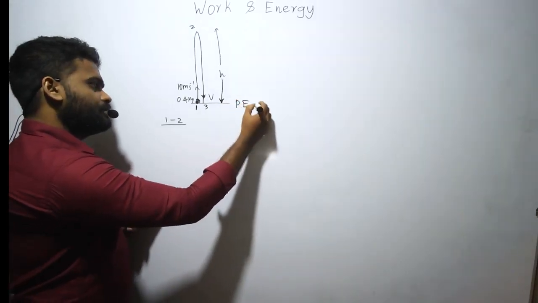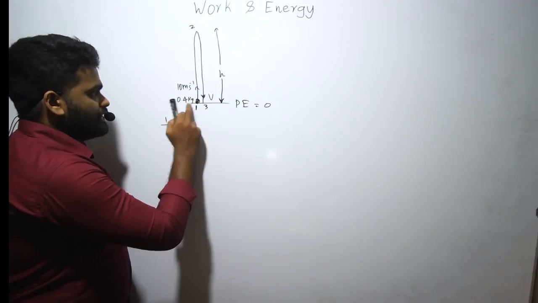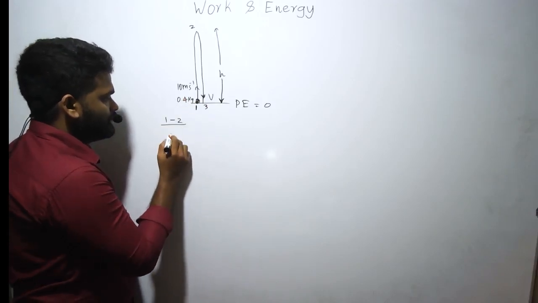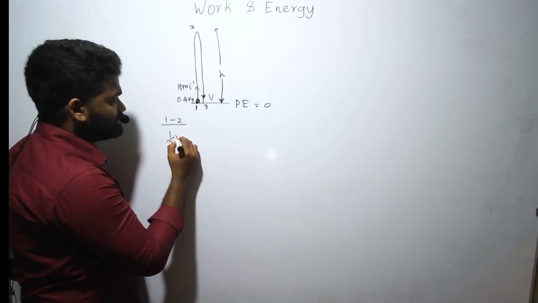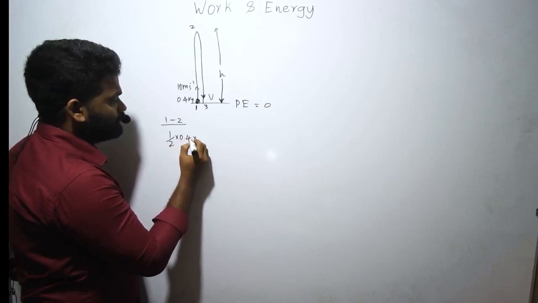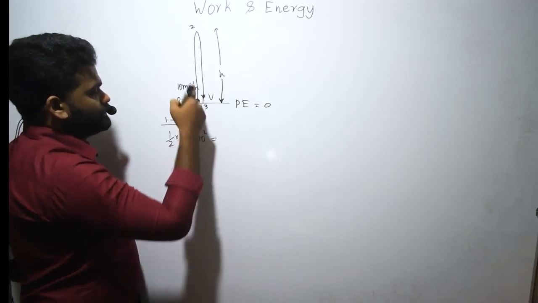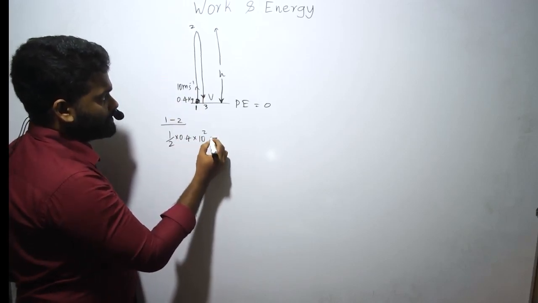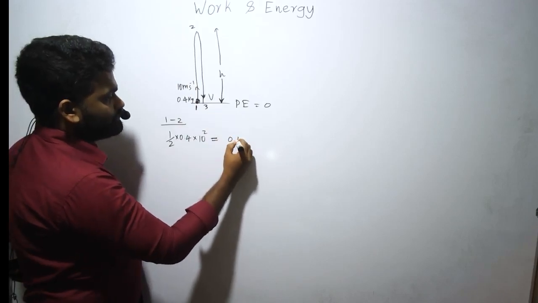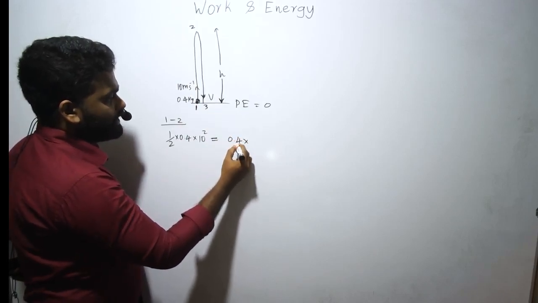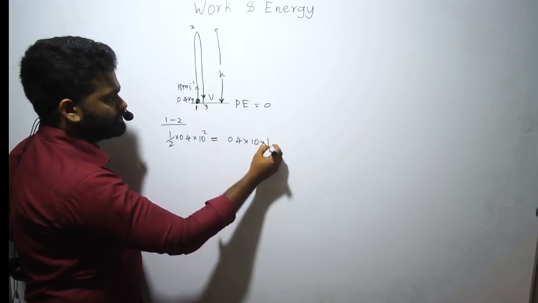This is the P equals 0 line. So here the energy is only kinetic energy, that is half times mass, which is given as 0.4, times V squared, 10 square, equals potential energy here, so 0.4 times g, which is 10, times h, which we need to find.